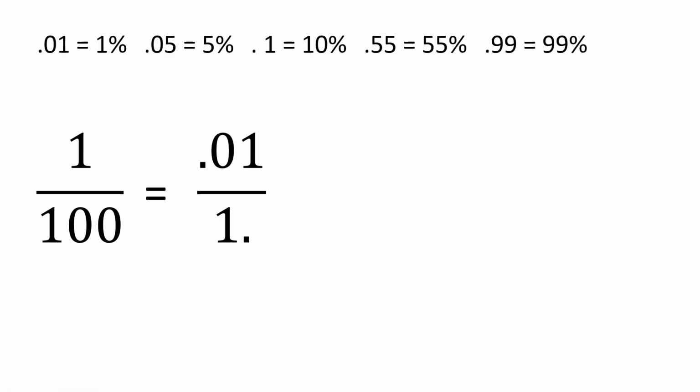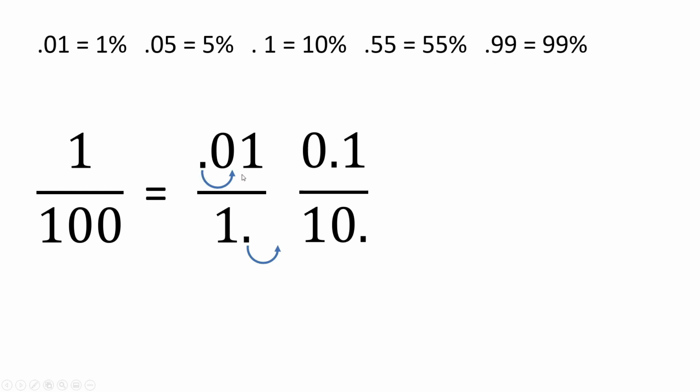But what we can do if we're trying to figure out percentage by just looking at the fraction, look at where the decimal is. If it's 1 of 100, it's 0.01 of 1. We can simply move the decimal. In this case, we take the decimal place, move it one position, and now we get this fraction.